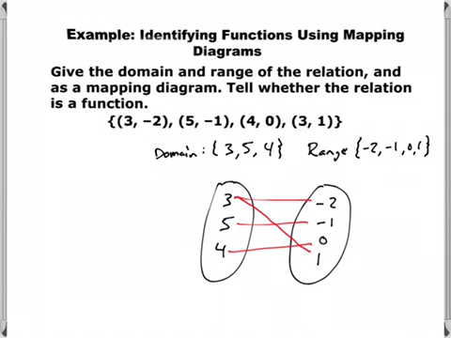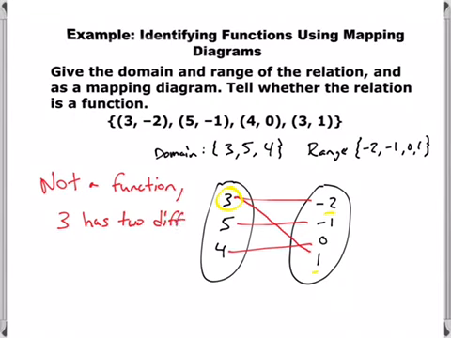And right now, I already know that this is not a function because the value 3 goes to 2 different outputs. So this is not a function. So 3 has 2 different outputs.